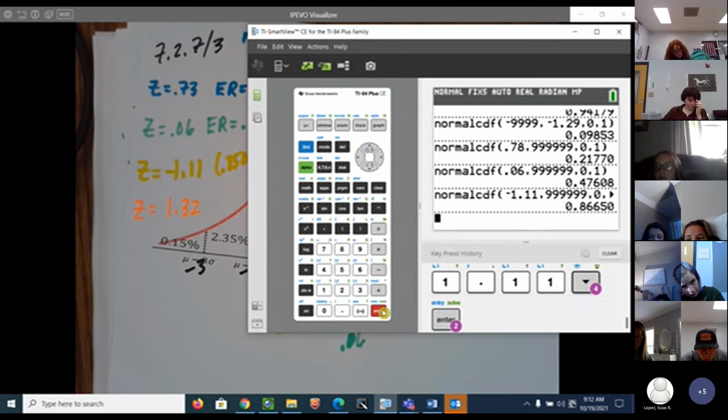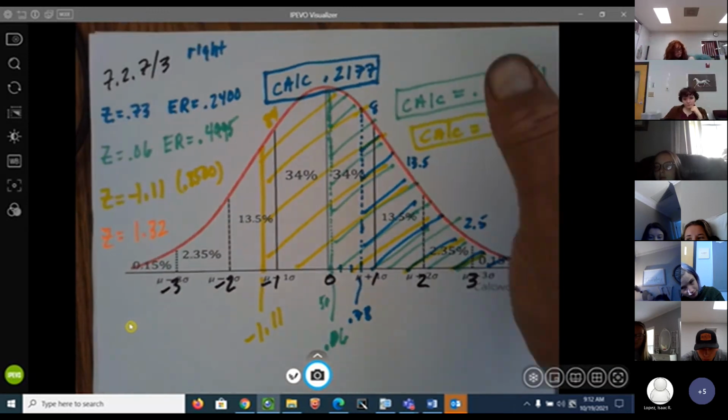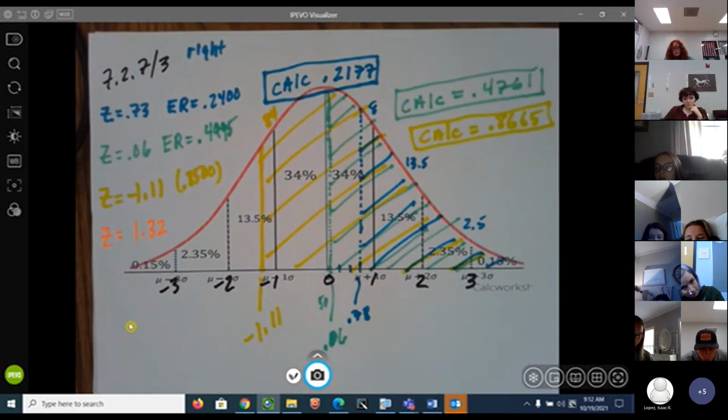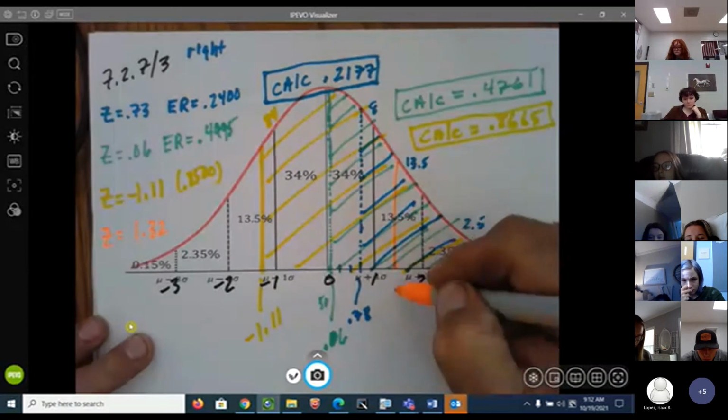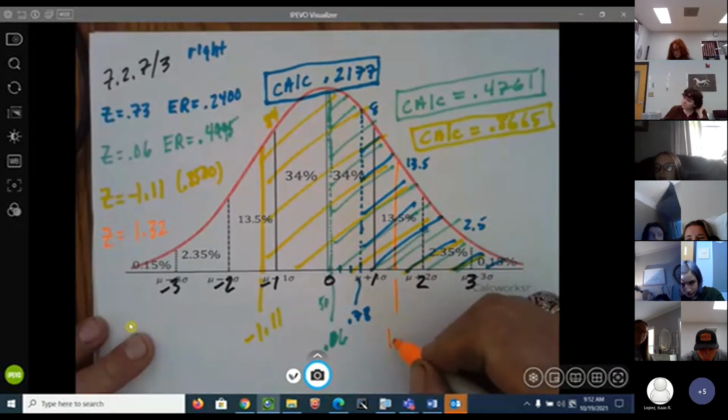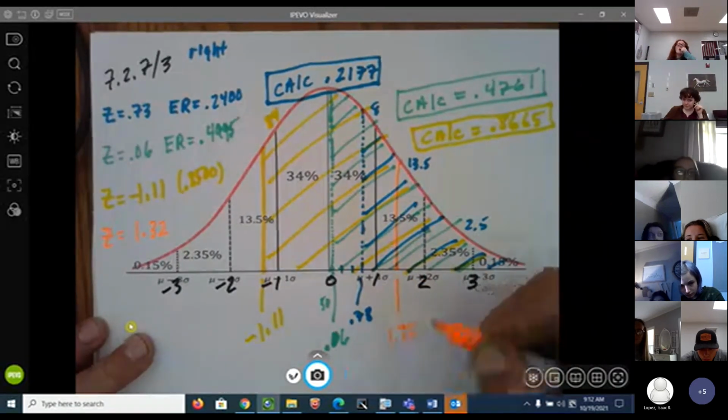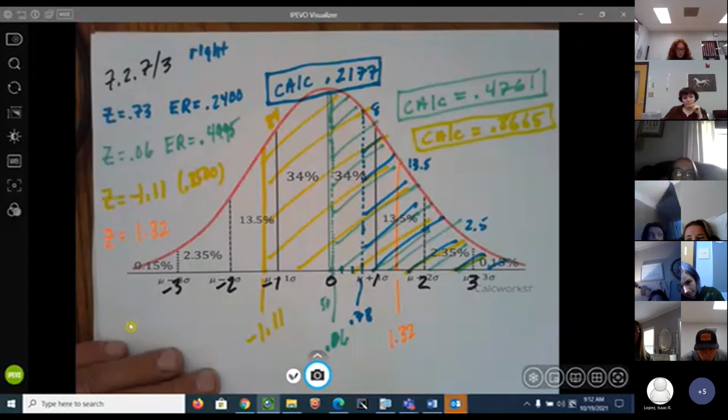And then the orange, negative 1.32. Well, 1.3, that'd be a third of 13. 3 will go into 13 4 times.